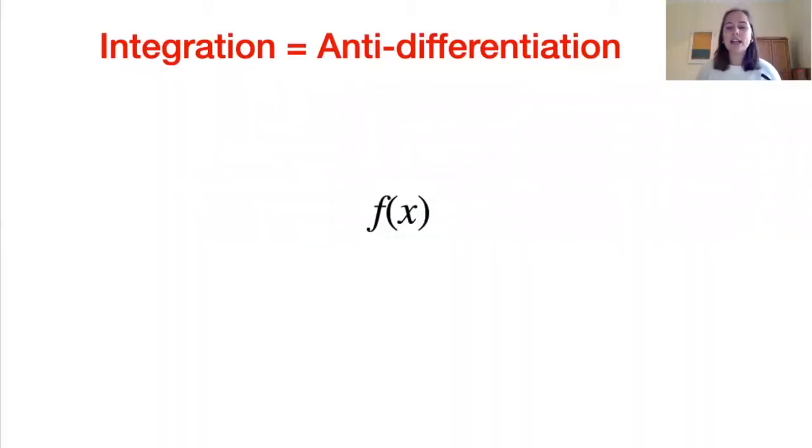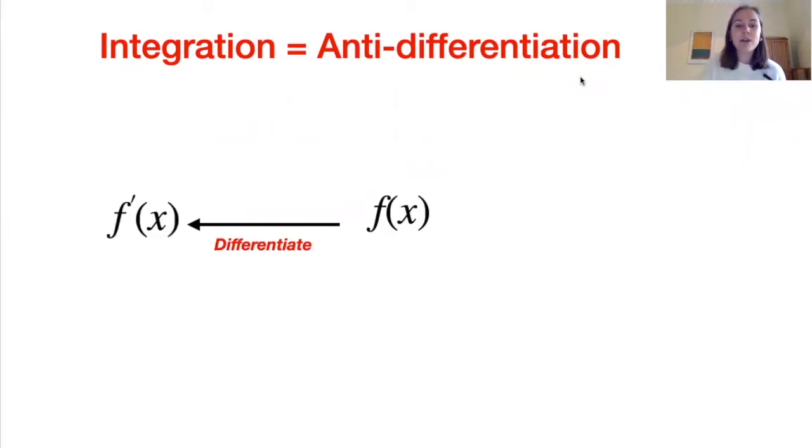Let's understand the idea of what the principle of integration is, and integration as anti-differentiation. So remember, we usually learn about integration following learning about differentiation. If we have a function f of x, then if we differentiate f of x, we get the derivative, which we denote f dash of x.